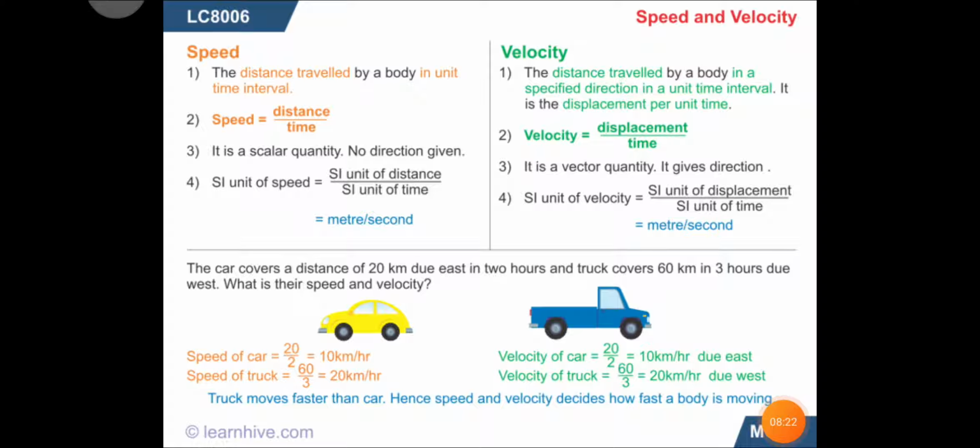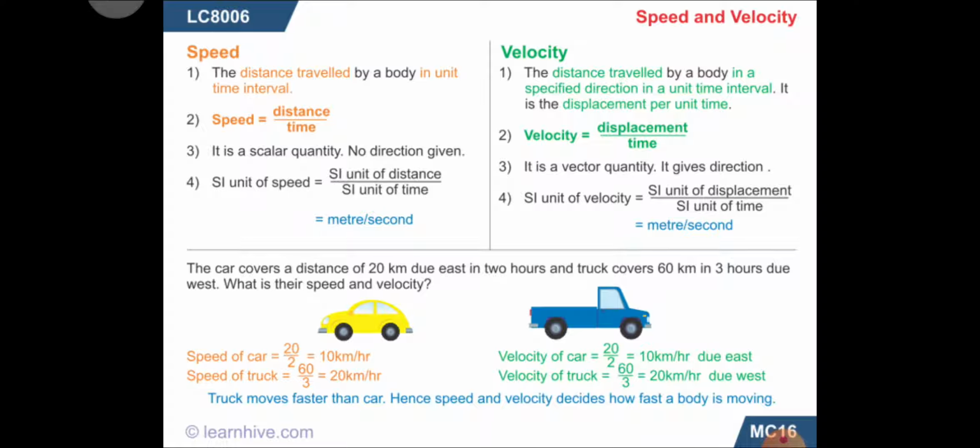There is a difference table between speed and velocity. First point: speed is the distance traveled by a body in unit time, and velocity is the distance traveled by a body in a specific direction in a unit time interval, that is the displacement per unit time.